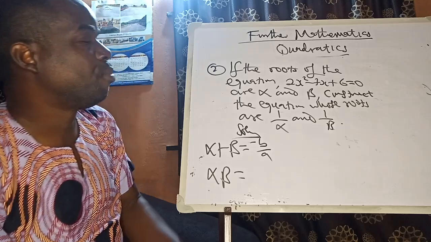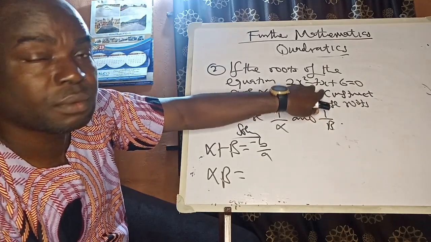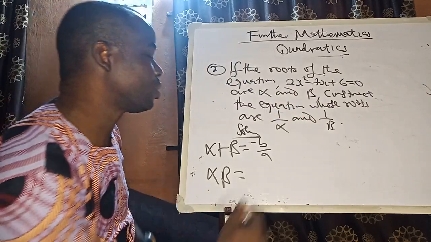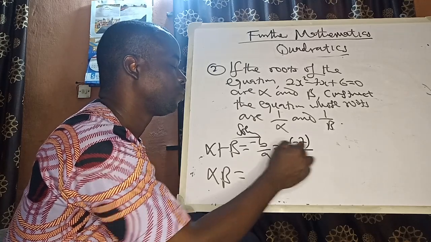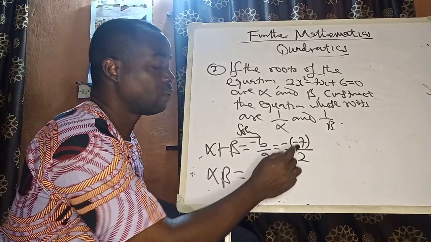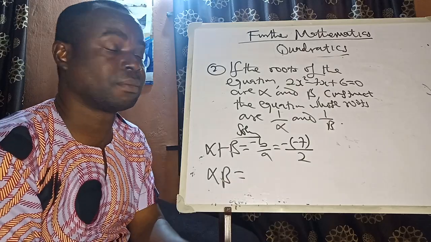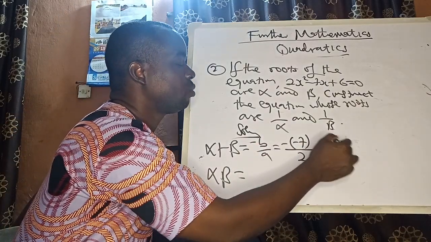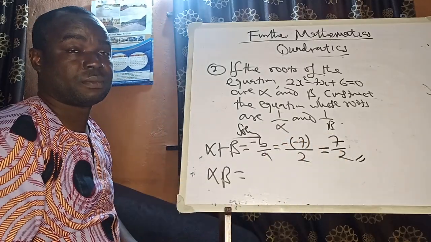Now, what is our b? Our b is the coefficient of x, which is minus 7. Our a is 2. So it will give us minus (minus 7) over 2. Minus minus is plus. So I have 7 over 2. So keep it like this. I'll come back to it.